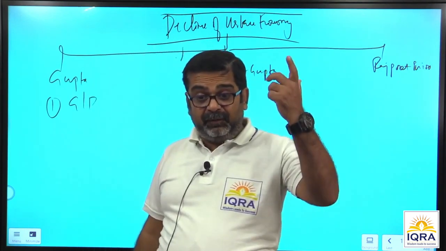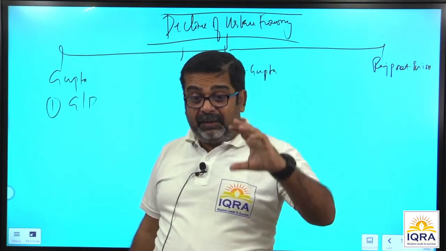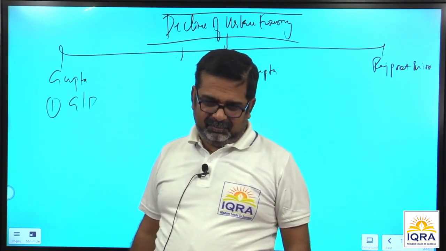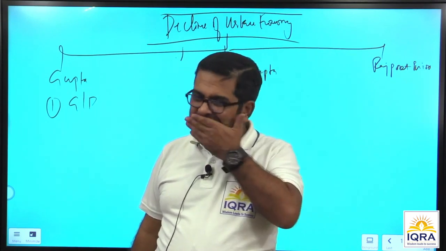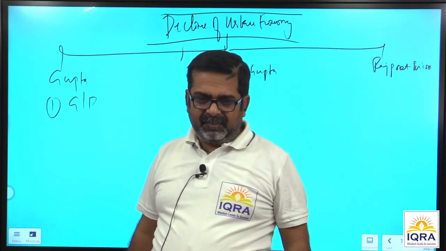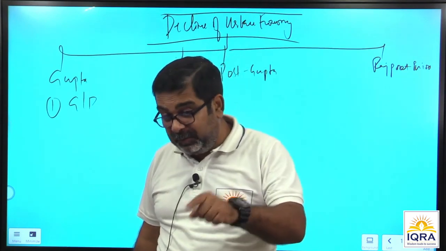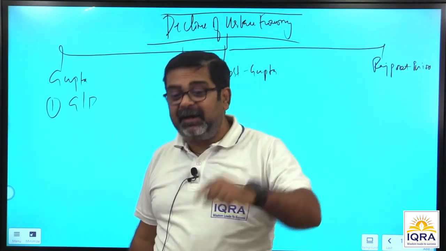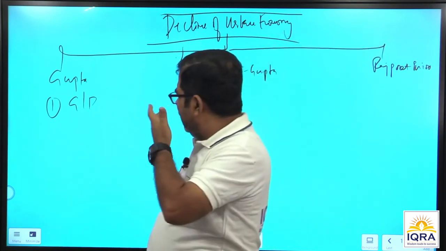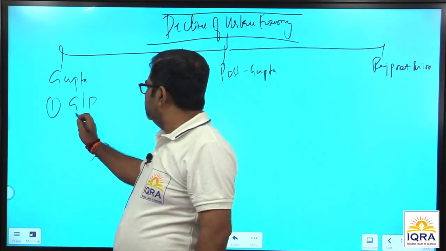Why? Because now agriculture is emerging as the main source of income. Decline in the position of farmers because they are under control of feudal lords, but agriculture is improving day by day. Different types of crops.